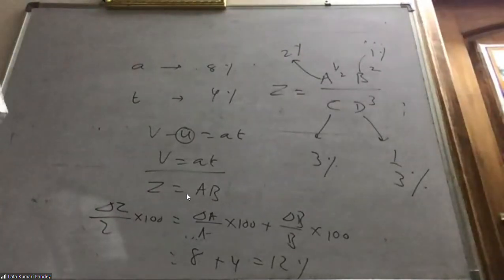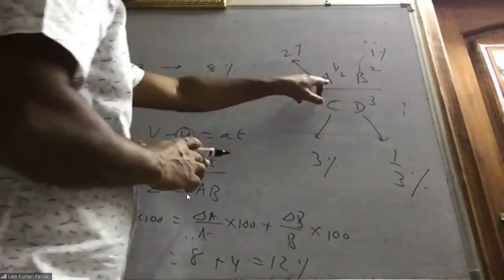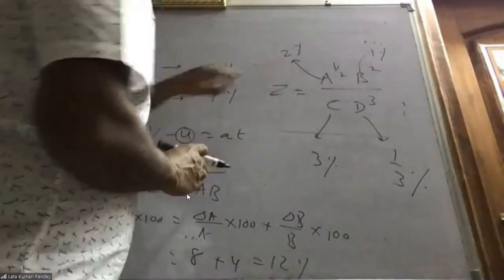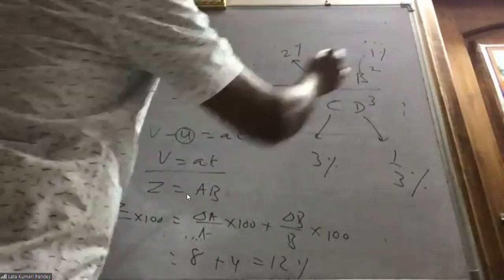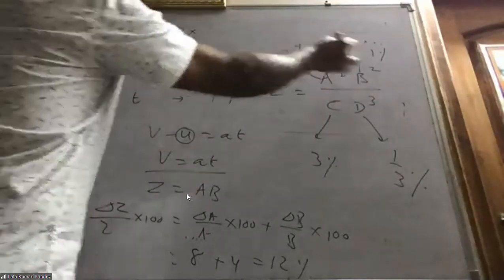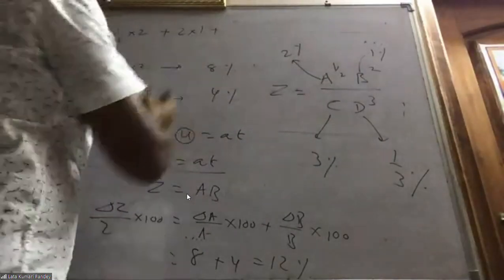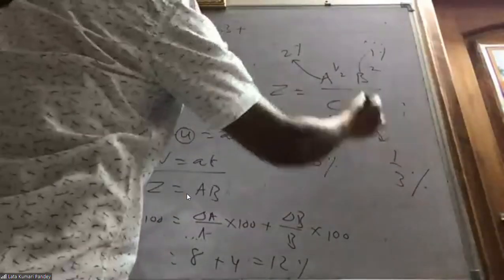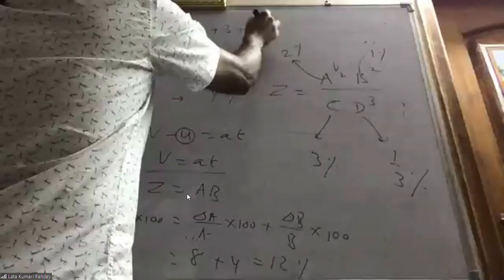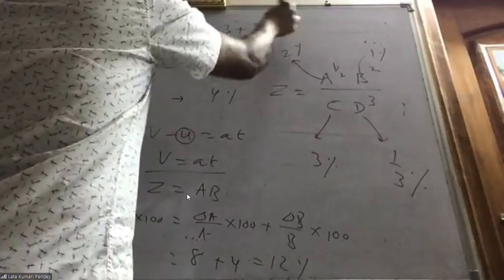Are you thorough with this type of problem? A power half means we get half into 2, plus, because this is square, 2 into 1, plus 3, plus this is cube, so 3 into 1/3 becomes 1.